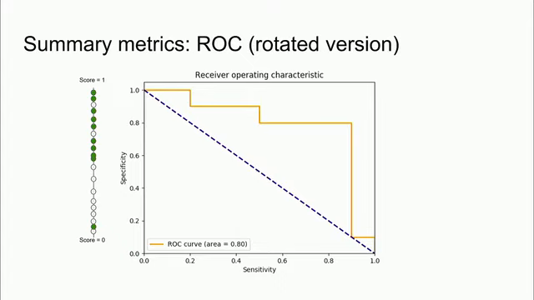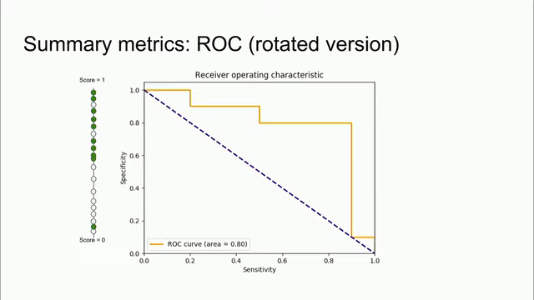For example, some threshold, maybe 0.5, will give you a specificity of 0.4 and a sensitivity of 0.9. If you were randomly guessing, you would essentially get this dotted line along the diagonal. As you're letting in more, it's completely random whether it's good or not.